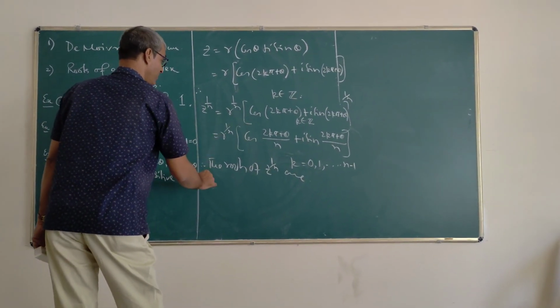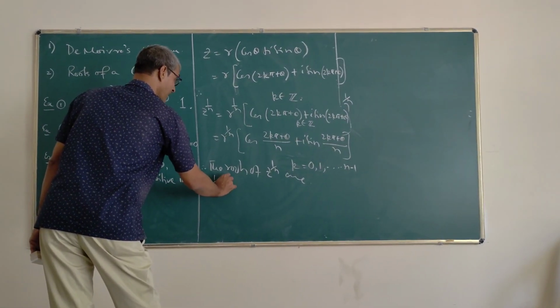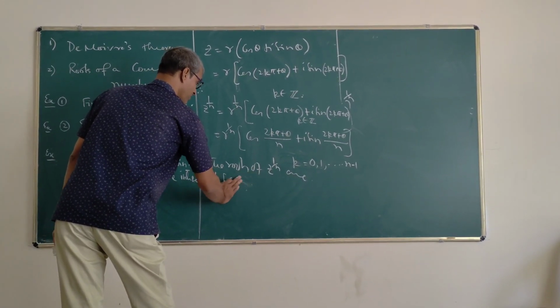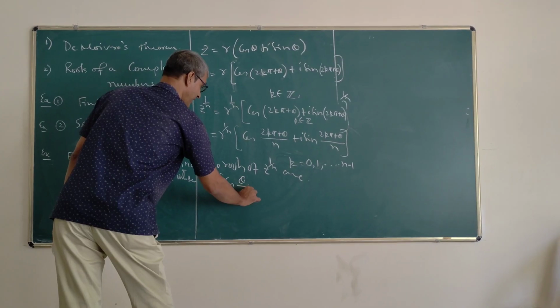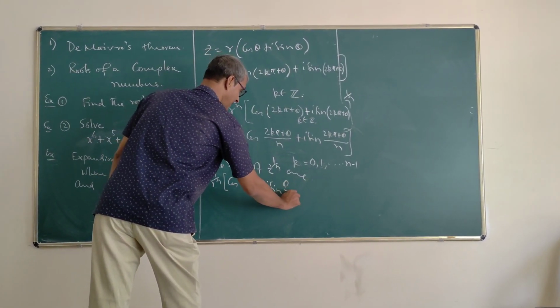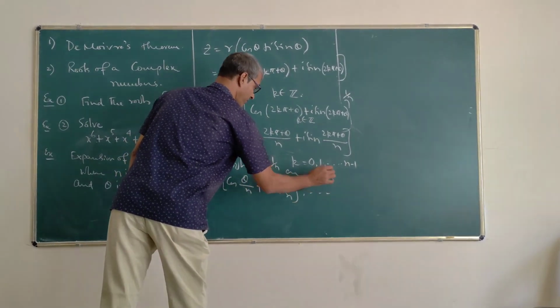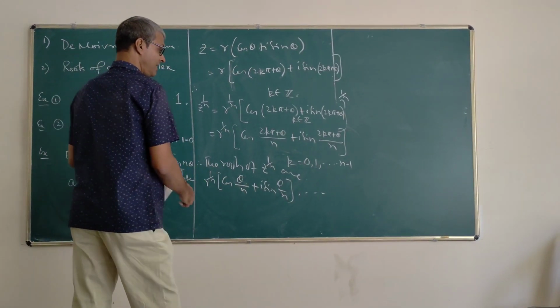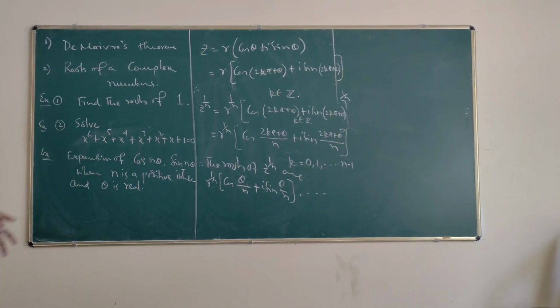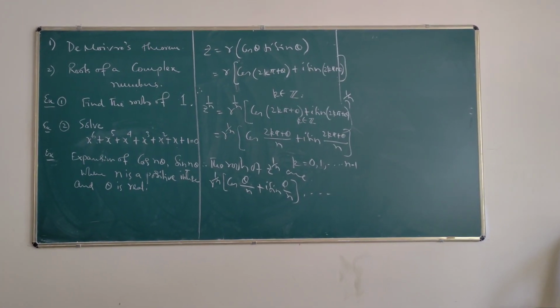For k equal to 0, you have cos (theta by n) plus i sin (theta by n), and so on. For k equal to 1, you will get another root, then up to k equal to n minus 1, you will get another root.